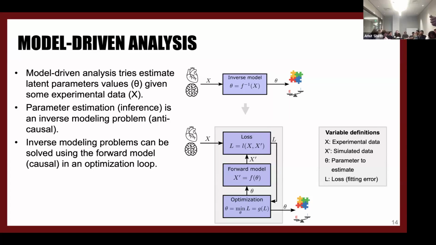I can use my forward model to develop a solution for my inverse modeling problem. Note also that your forward model, that functional relationship, normally is not just a blind mapping. It's not something that you train, for example, using machine learning. Typically, it's a biomechanical model.